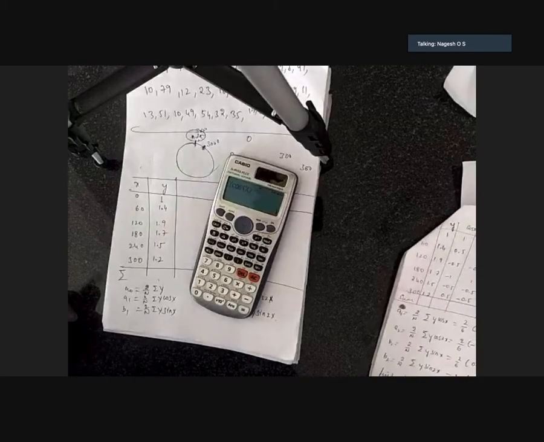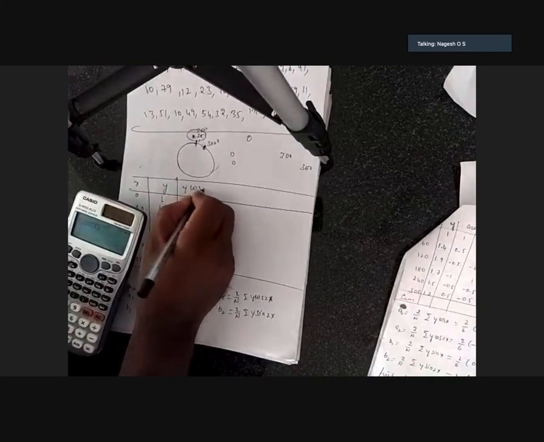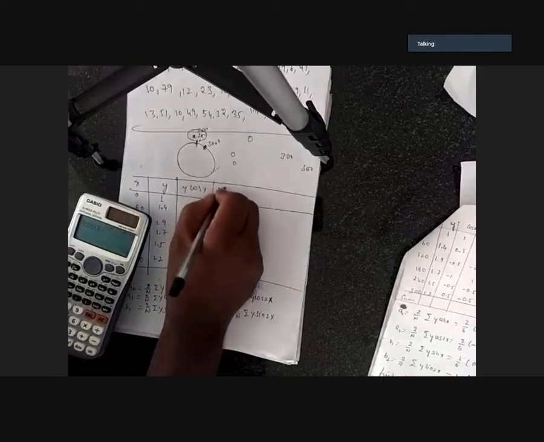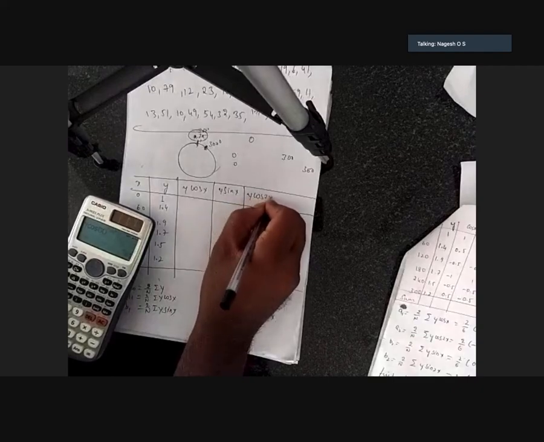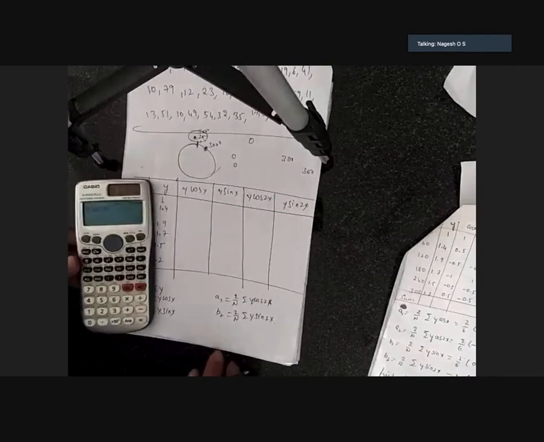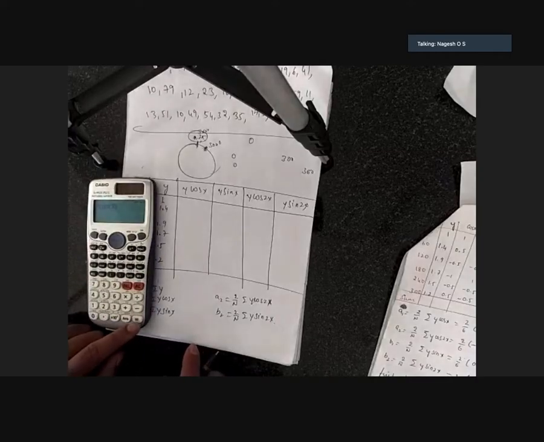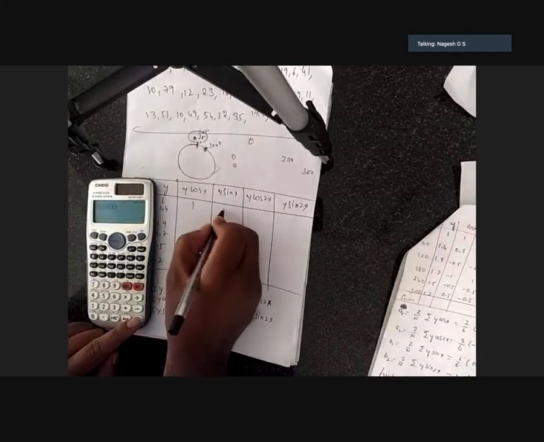List out those values. Y cos x, y sin x, y cos 2x, y sin 2x. Okay, press equals. It will show y cos x as 1, y sin x as 0.